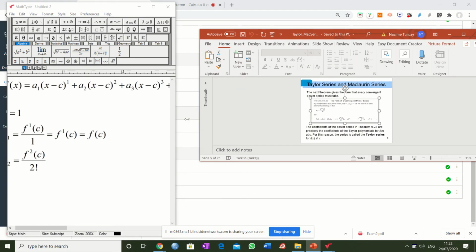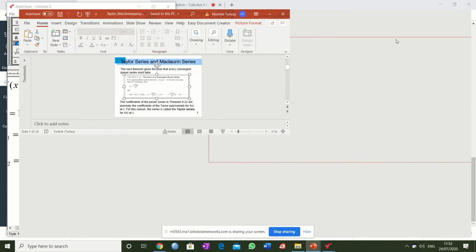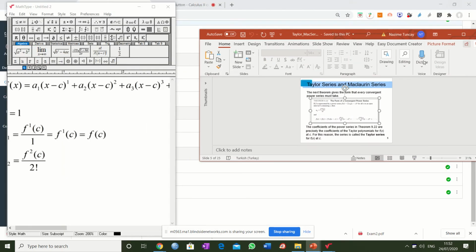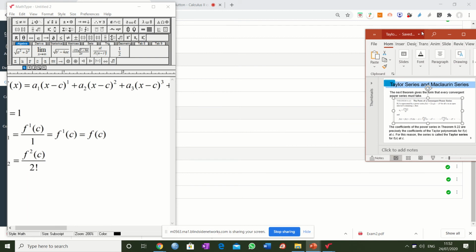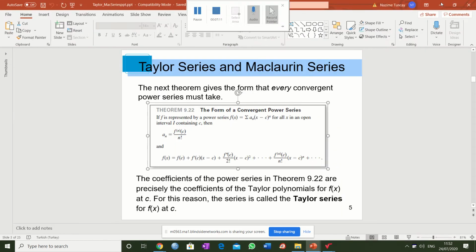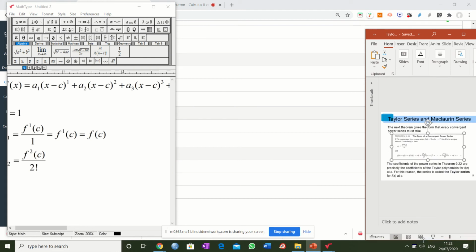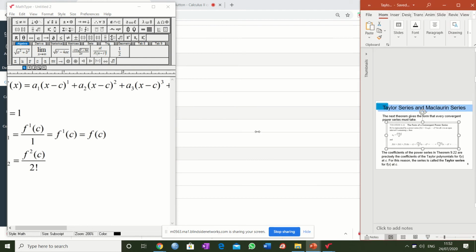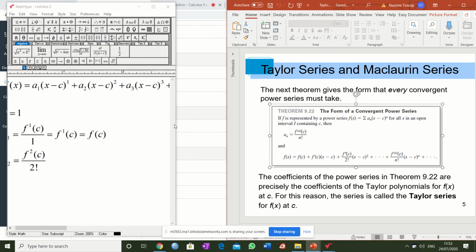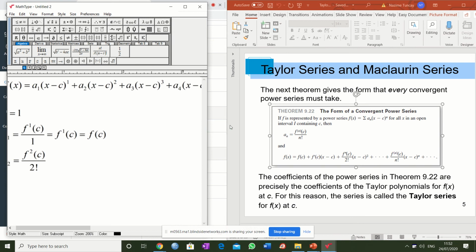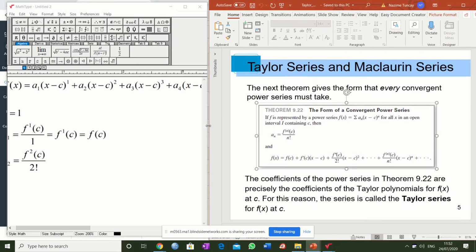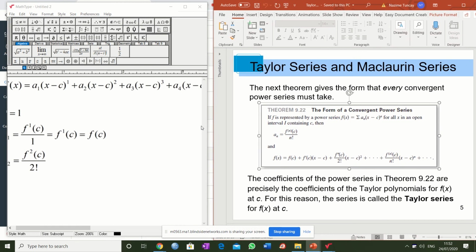Now I am going to rearrange this so you can see both of them on the same page. Yes, now we can see both of them on the same page.